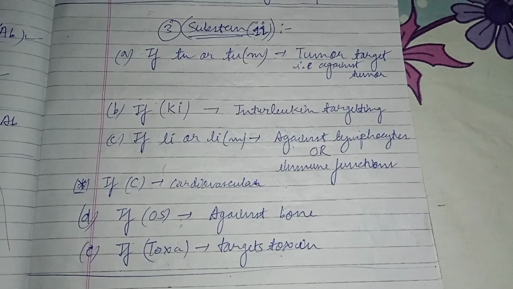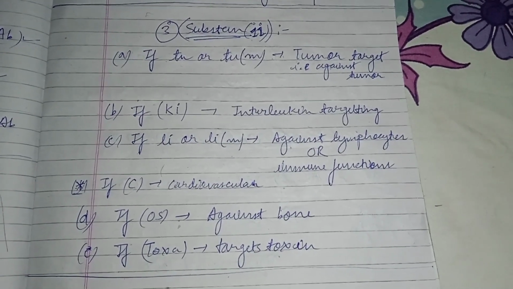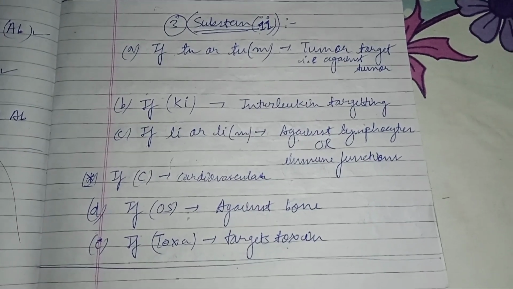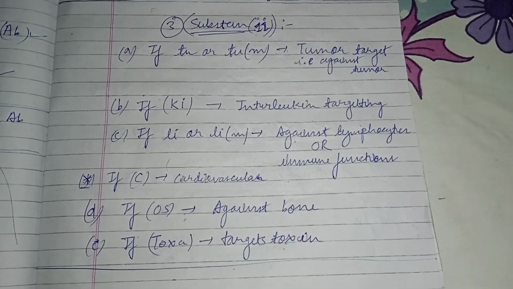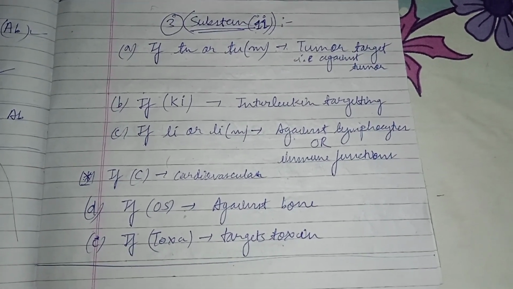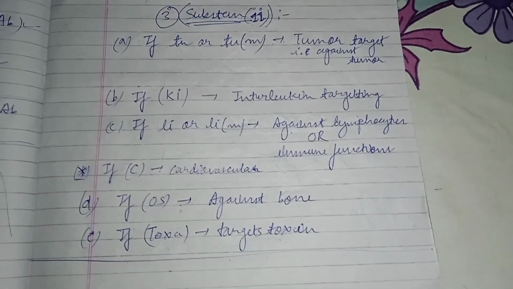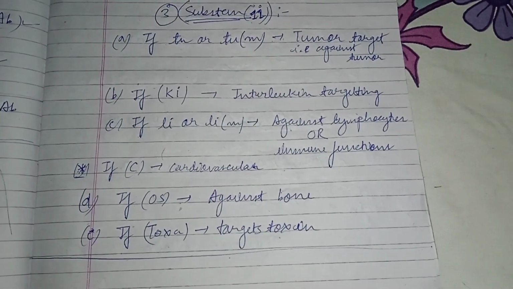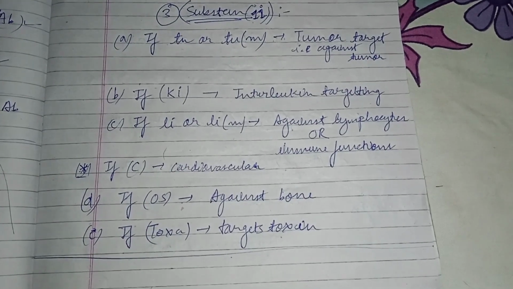If LI or LIM is present, then it is against the lymphocytes or immune functions. If C is present, it tells us that it is a cardiovascular targeting monoclonal antibody. If the name has OS, it is against bone. If toxi is present, then it targets toxin.